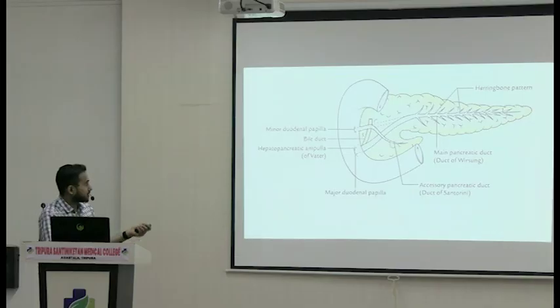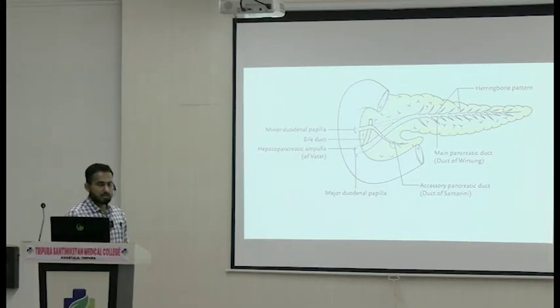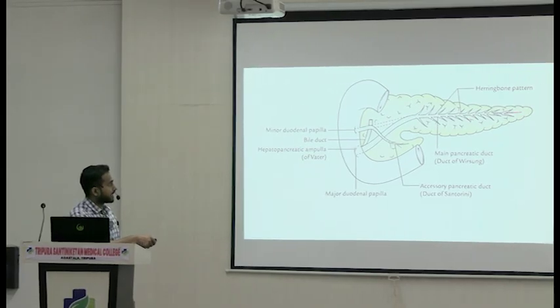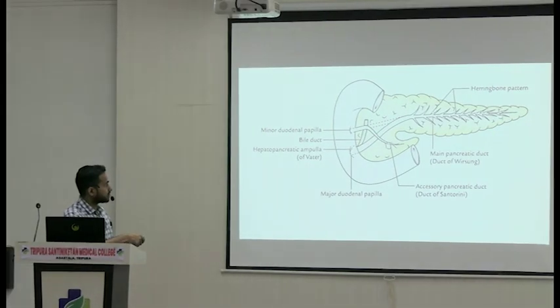Now here you can see the ducts of the pancreas. This is the main pancreatic duct, or duct of Wirsung. You can see it starts at the tail of the pancreas. When it comes towards the neck, it goes downwards, and then it enters the second part of the duodenum.